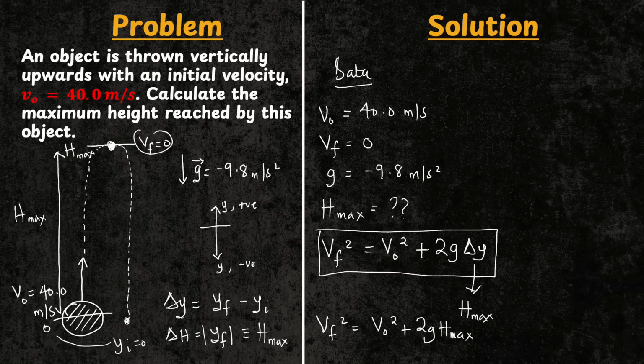So I can move V naught over to the left-hand side. Crossing the equal sign, it becomes negative. So it will become V final squared minus V naught squared, then equals 2g H max, which is our maximum height.